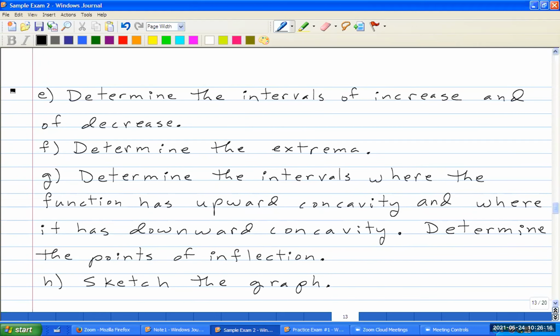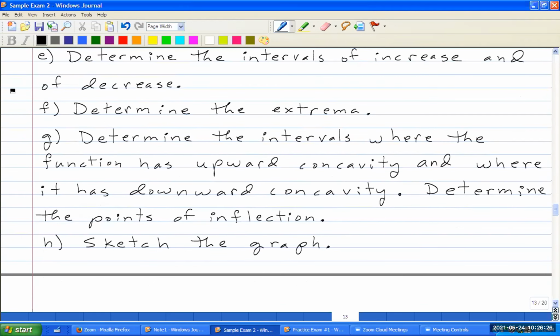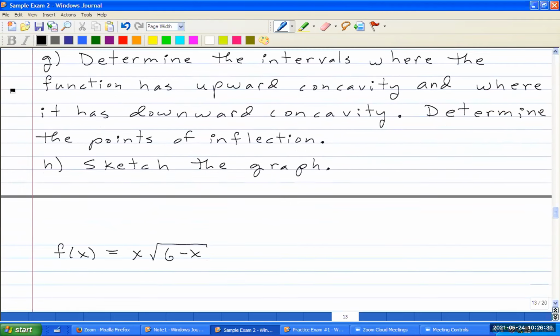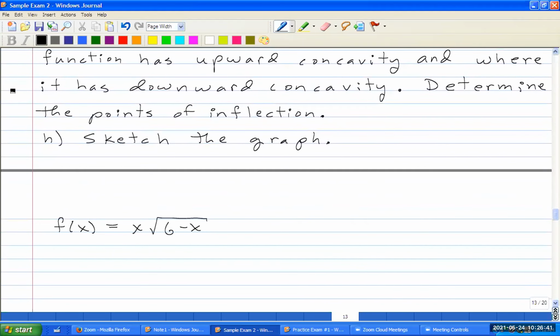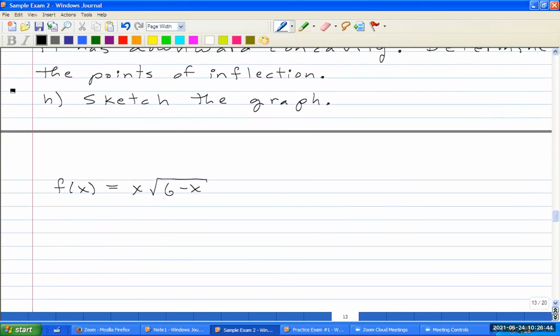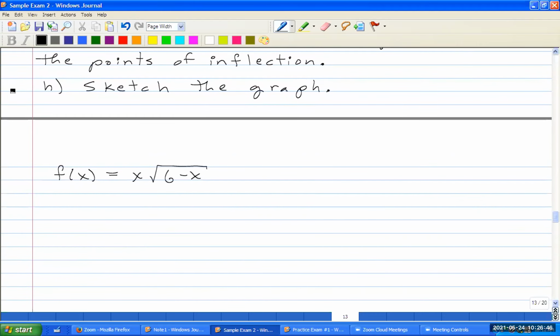E, determine the intervals of increase and of decrease. F, determine the extrema. G, determine the intervals where the function has upward concavity and where it has downward concavity. Determine the points of inflection. H, sketch the graph. F of x is equal to x radical 6 minus x.